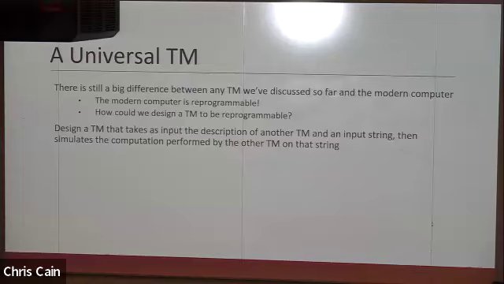It's going to be a machine definition in binary, followed by an input definition in binary. So there are two pieces to the input. First piece, a Turing machine; second piece, an input to that Turing machine. And now we want to read in that Turing machine and emulate it with this Turing machine on the input that is also given to it.